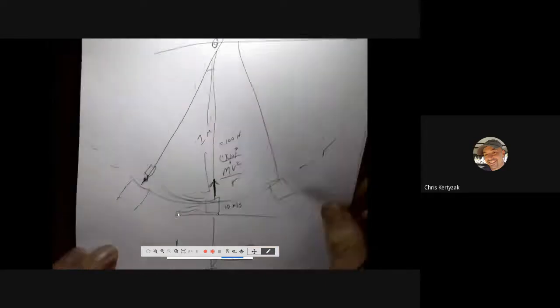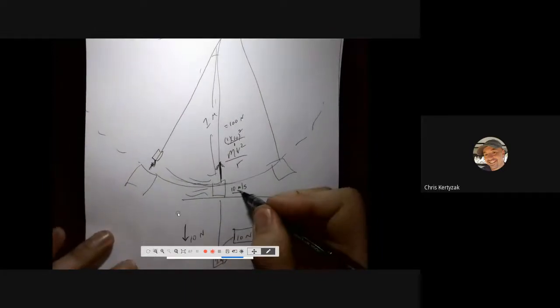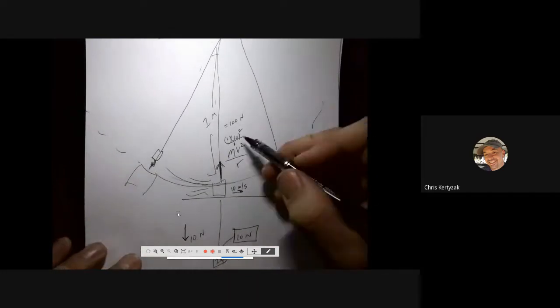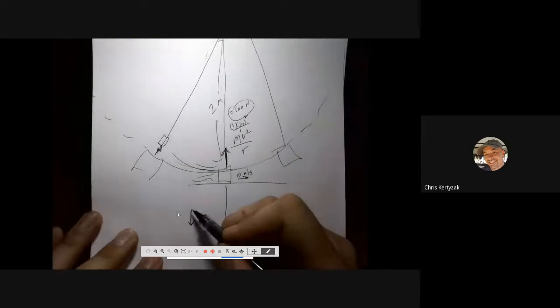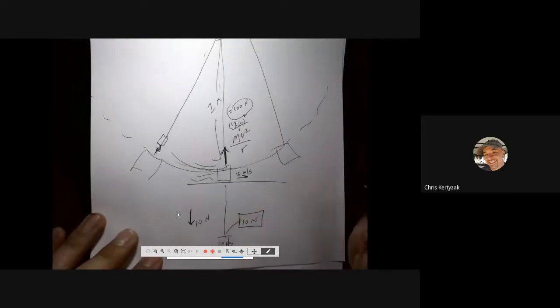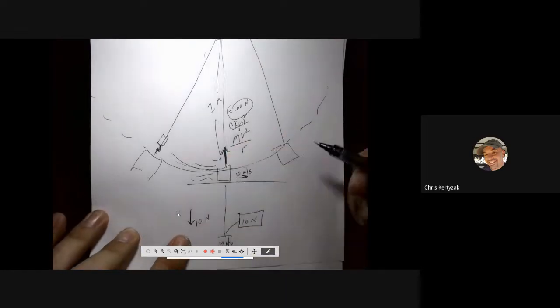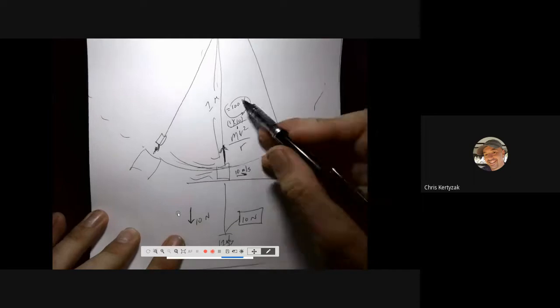So what that means is if this thing is going to be moving with this speed of 10 meters per second in this direction at the bottom, it needs to feel an upward force of 100 newtons. If gravity is pulling down with a force of 10 newtons, then how much upward force do we need so that the net force comes out as 100?